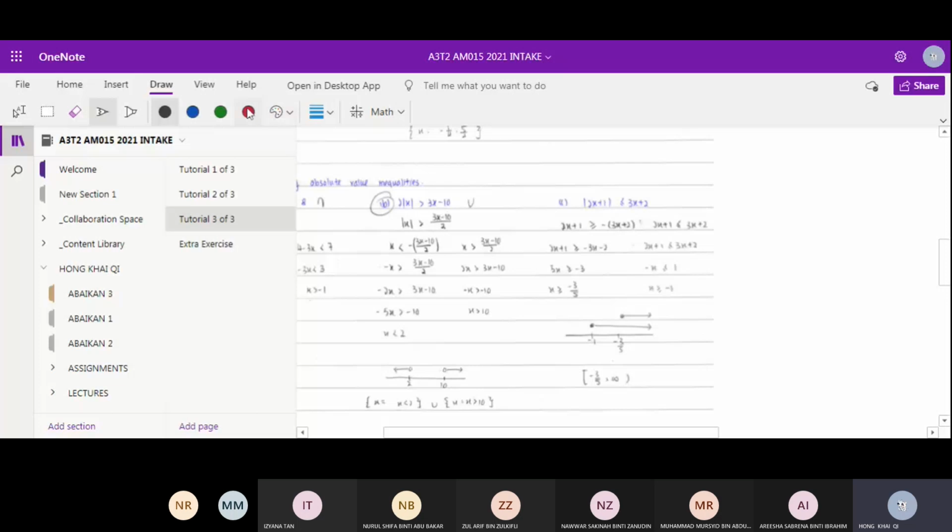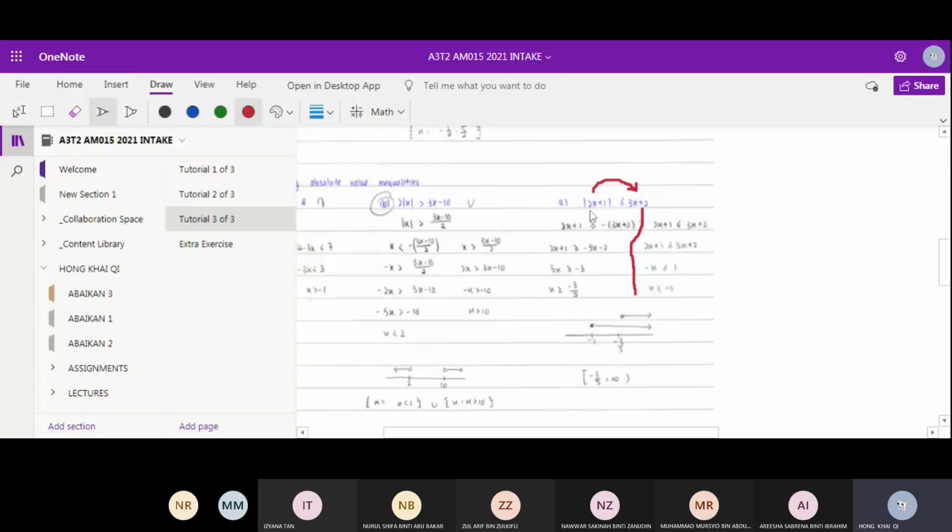C, first you need to change the modulus. So we'll see here. If here is positive less than, the first step we need to change the sign, flip it and add negative. And then we got two equations here.